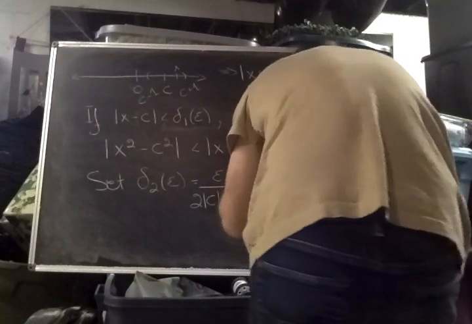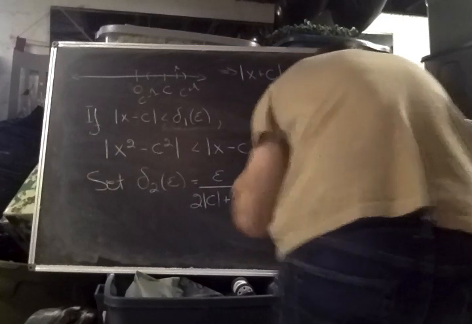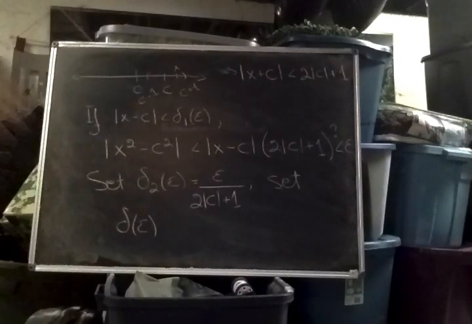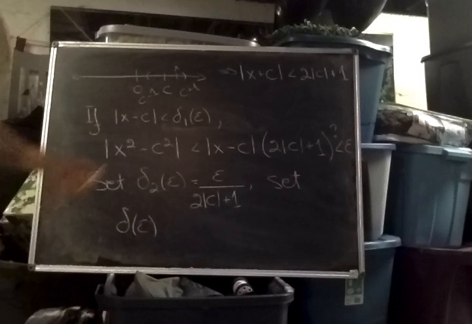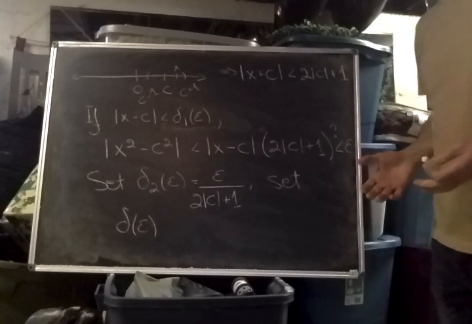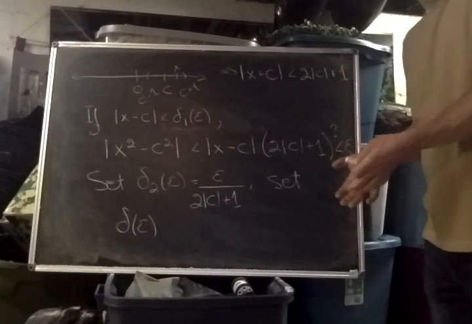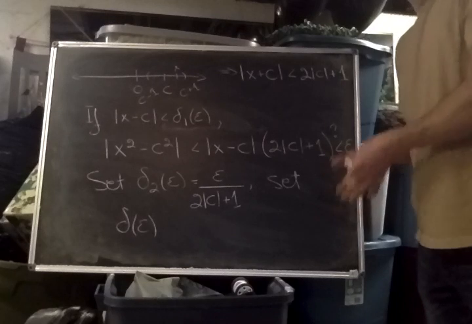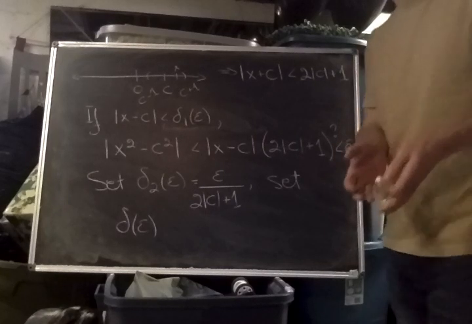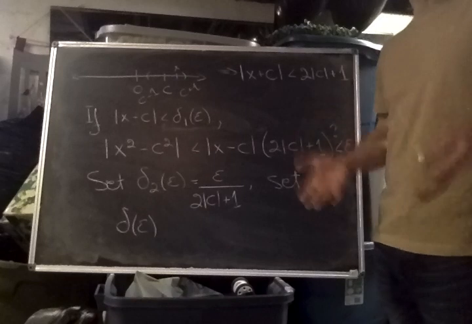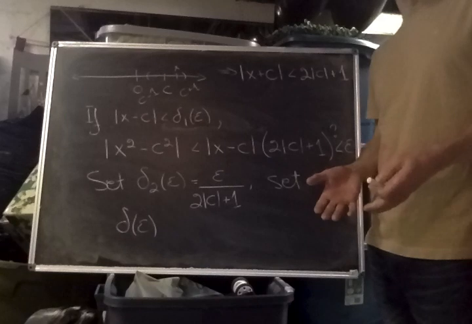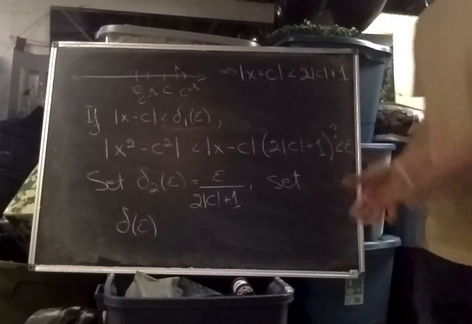And then also set, so we're going to do the same sort of thing that we did when we were looking at sequences and series. Sometimes it was necessary to choose an initial capital N1 of epsilon that did one thing for us, and then choose another capital N2 of epsilon that did another thing for us. And then in the end, if we wanted everything to work at the same time, we had to choose our capital N of epsilon to be bigger than the maximum of N1 and N2.